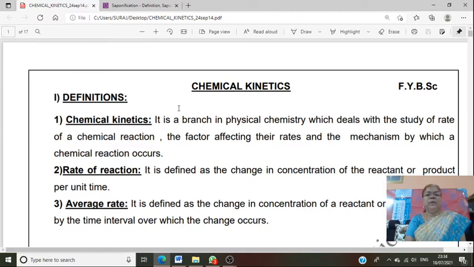Then the rate of reaction is defined as the change in concentration of the reactant or product per unit time, and mathematically it is given as dx by dt, where x is the decrease in concentration and t is the time.